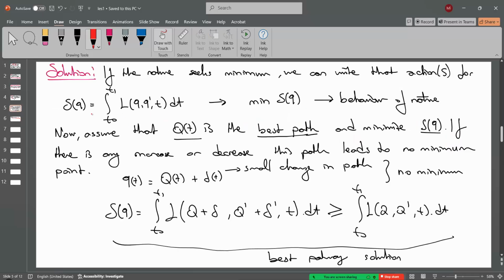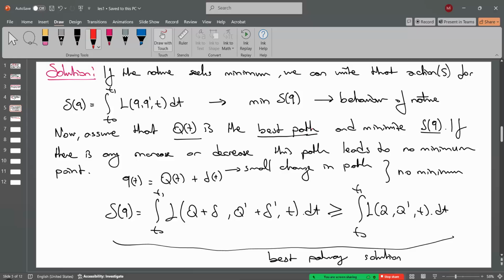Just see, in this case, we propose our equation, the minimum of S[q]. This is the condition of the behavior of nature, seeking the least action. After that, we define Q(t) as the best pathway, right?